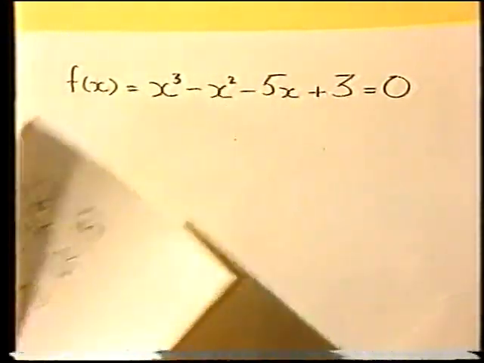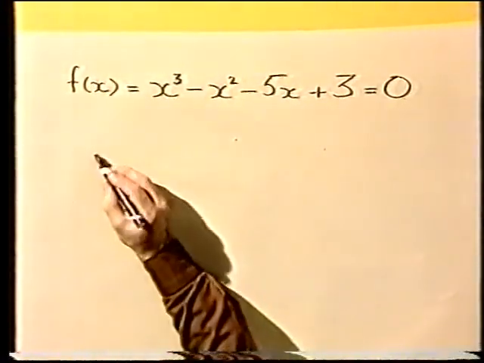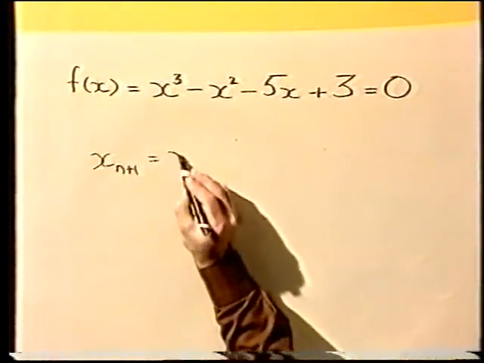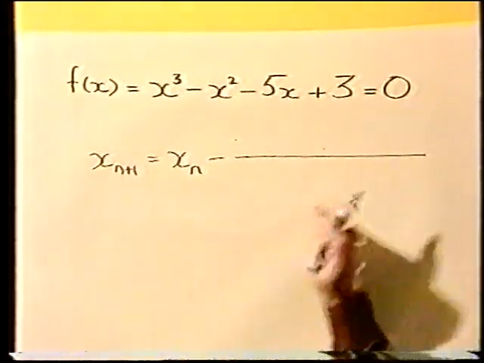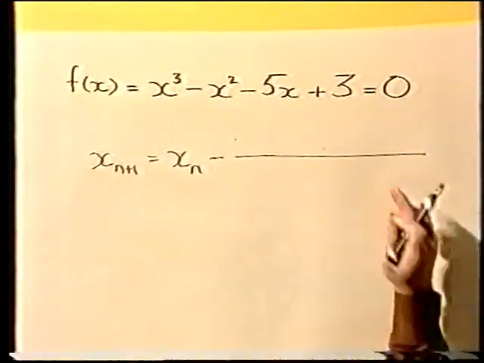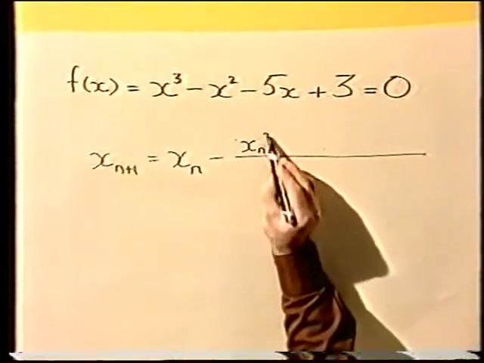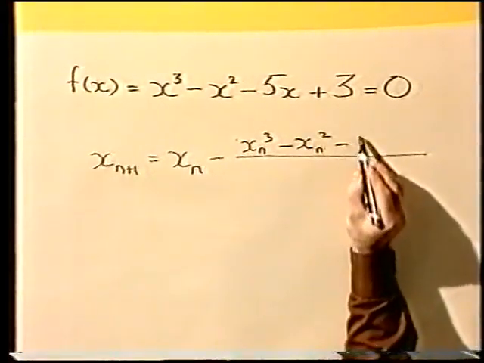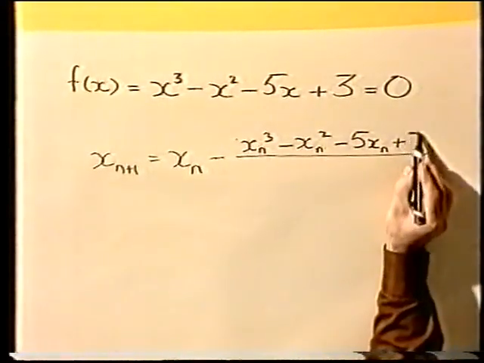Right. Now we need the Newton-Raphson formula. We know that it's xn plus 1 equals xn minus, and now I need f of xn divided by f dashed of xn. Well, f of xn is all right. That's just xn cubed minus xn squared minus 5xn, and finally plus 3.